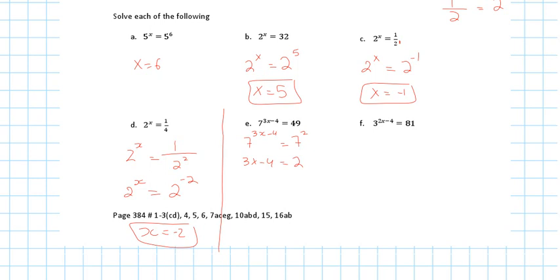Move the negative 4 to the other side as a plus 4, right? So you're going to do the opposite operation. So that's going to be 3x equals 2 plus 4. And then divide by 3, right? So x equals 6 over 3, which is 2.